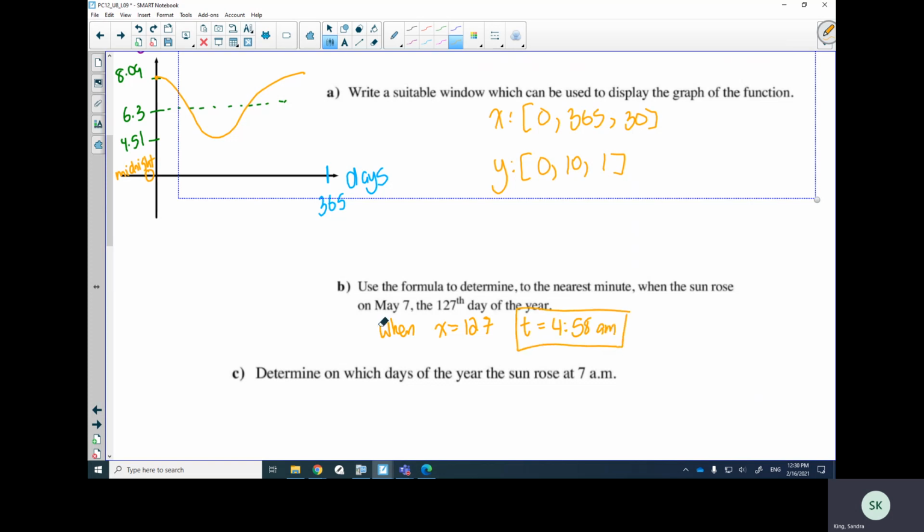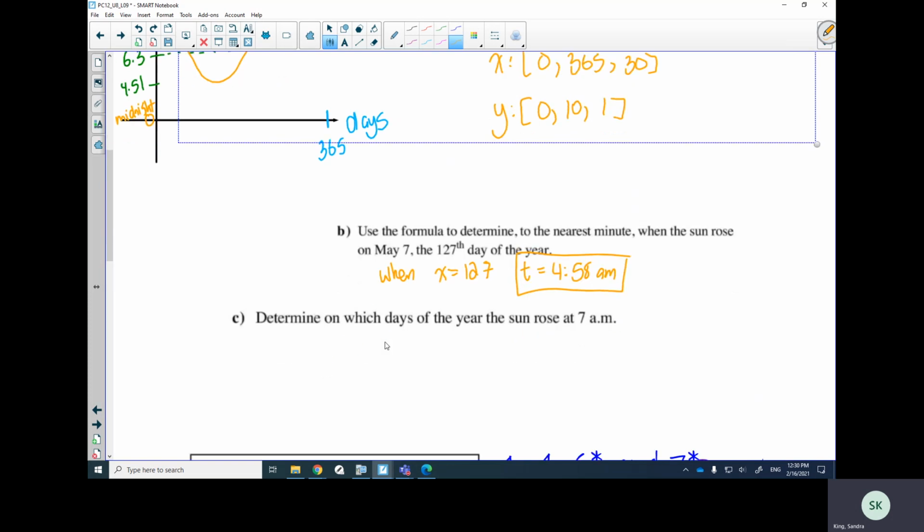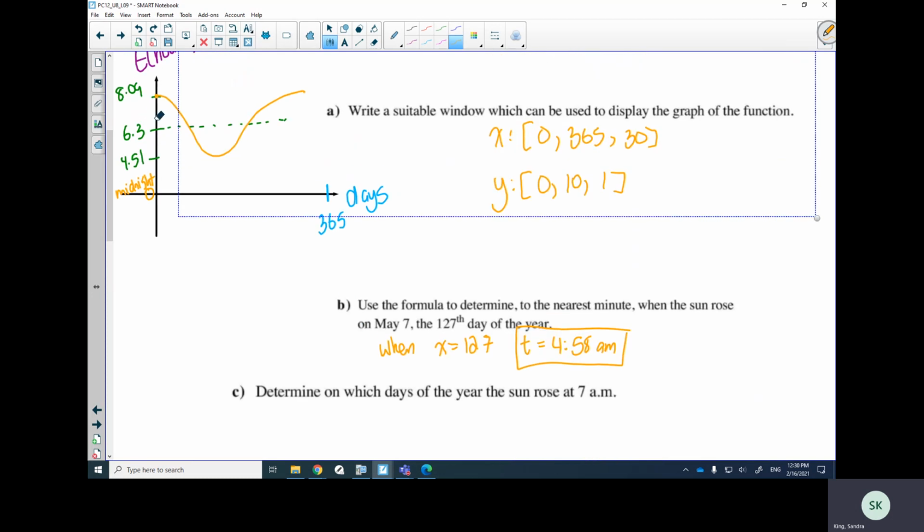So whatever city this is, I'm thinking this is going to be a city more south of Edmonton. The sun rises in May just before 5 a.m. Okay, determine on which days of the year the sun rises at 7 a.m. So 7 a.m. is right about, let's just say here.